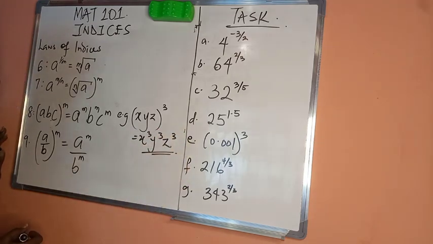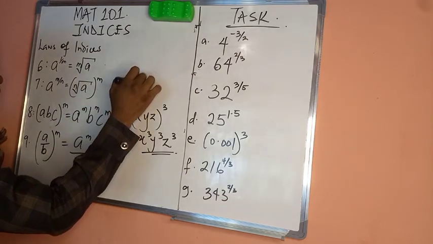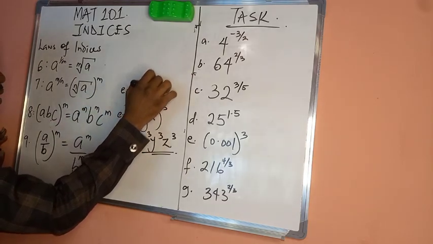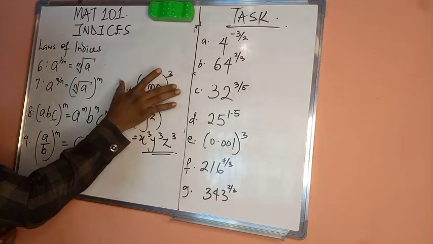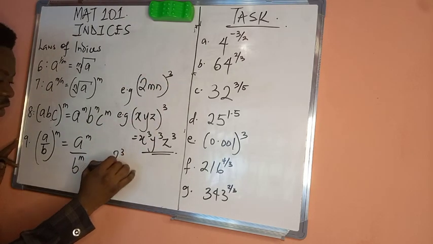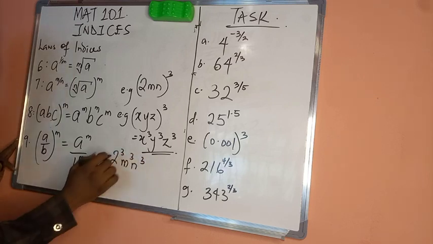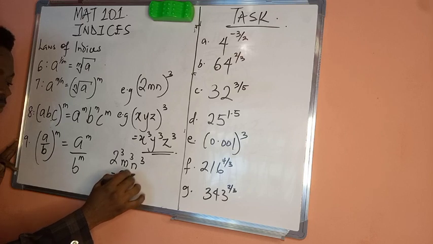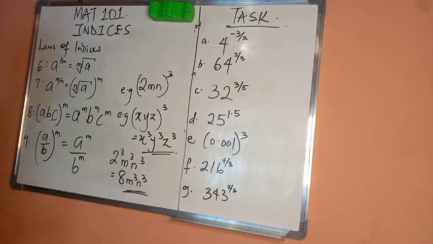Let me use numbers. We have something like, let's say, 2mn raised to power 3. If you want to solve, you have 2 raised to power 3, m raised to power 3, n raised to power 3. 2 raised to power 3 is 8. So 8m cubed n cubed. That's the final answer.